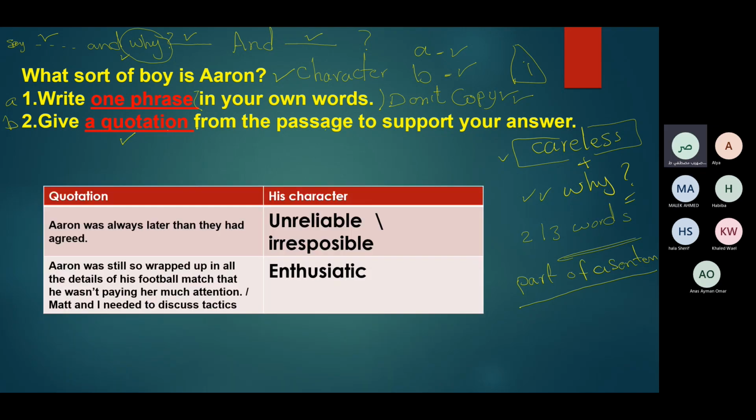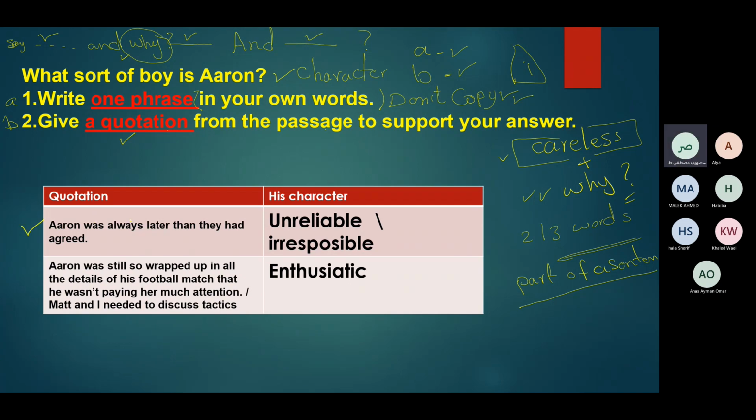Also, look at the answer here. We can say his character is unreliable or irresponsible. Irresponsible means he's not responsible about his actions because his sister was still waiting for him for so long. He didn't care about her waiting. Here, quotation from the text. This is a quote.